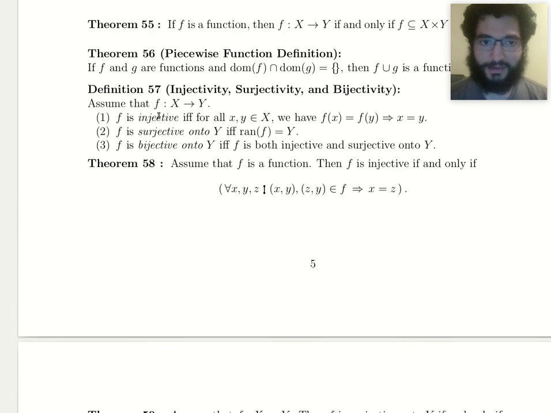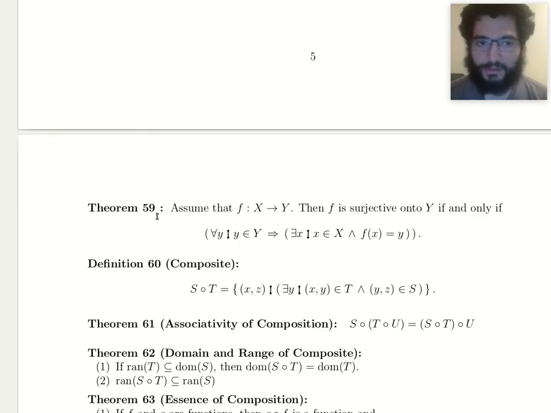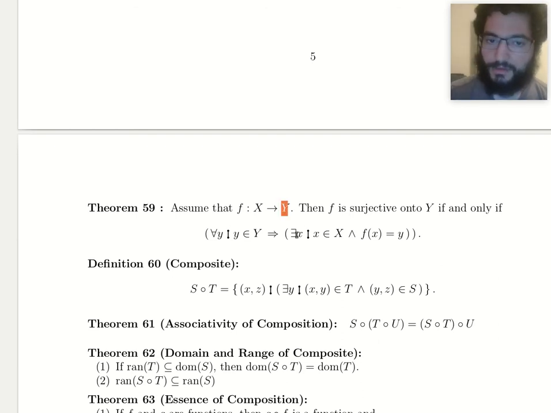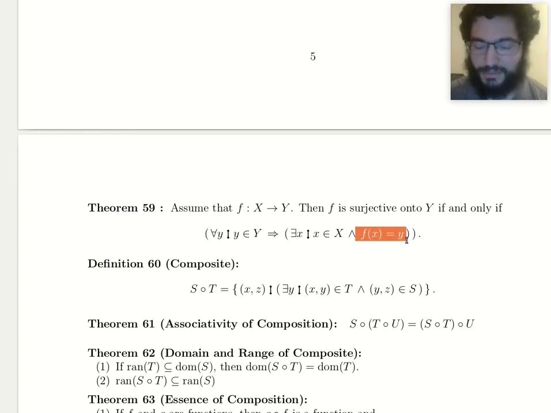You could use this, but sometimes it's kind of awkward. I find Theorem 59 to be a good way to go. So usually a proof that a function is surjective will start with, okay, consider any element y of the codomain. And then the proof will proceed to attempt to find an x in the domain such that f(x) equals y. So that's usually how a proof of surjectivity goes.